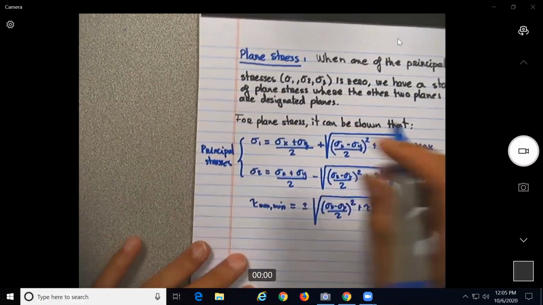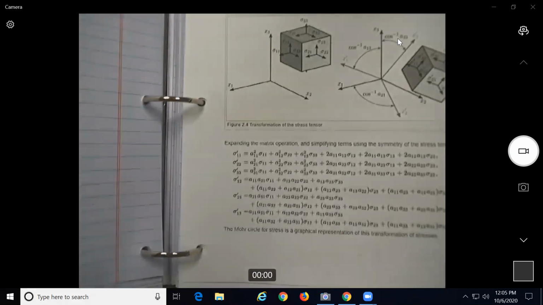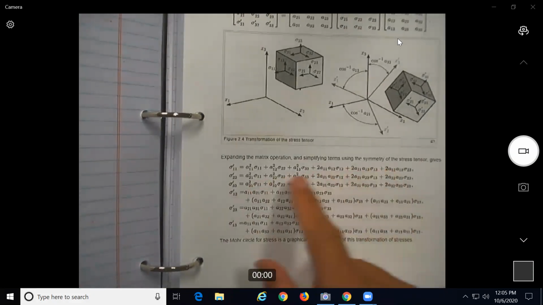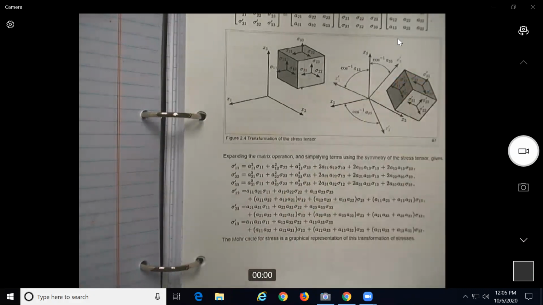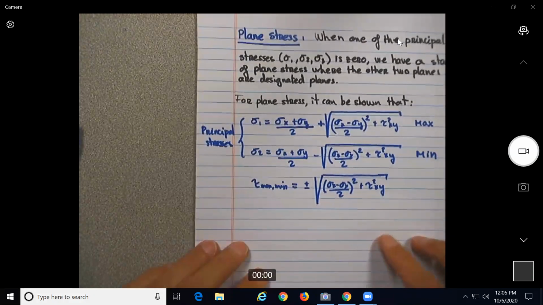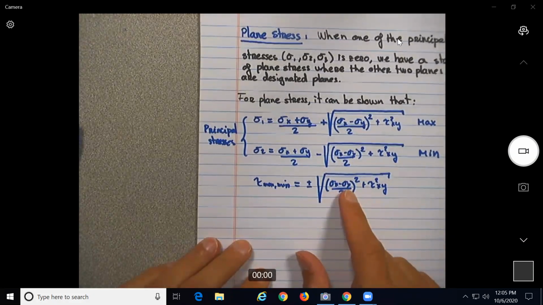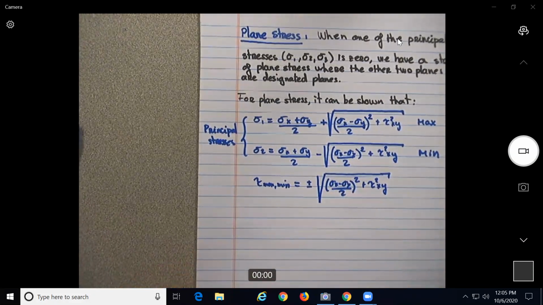Okay, because if it's not principal stress, what should be the value of the stresses? If you don't have the assumption of the principal stresses, what you end up with is all these long expressions over here. Okay? But if you select one of the planes you want to remain fixed, the equation reduces to these equations over here. Okay? And that's left as part of a homework. I think that's one of the homework problems.